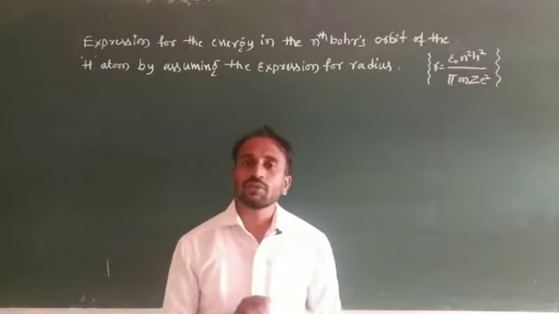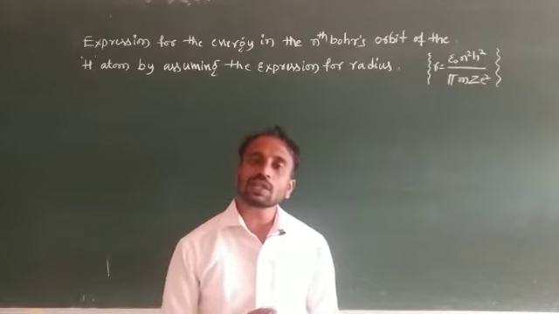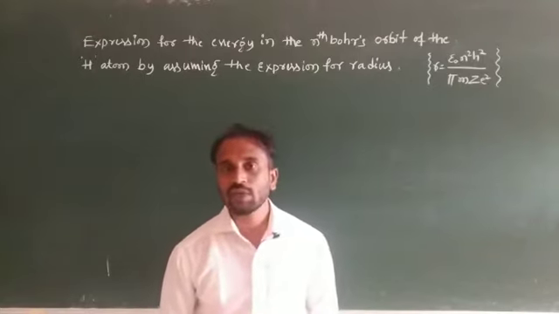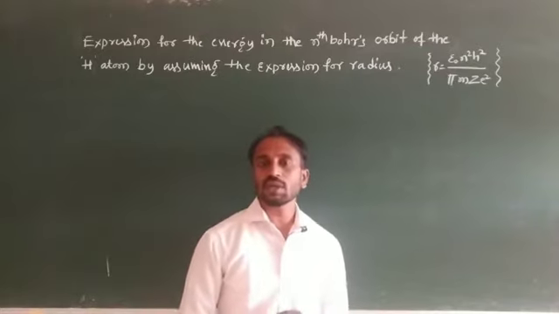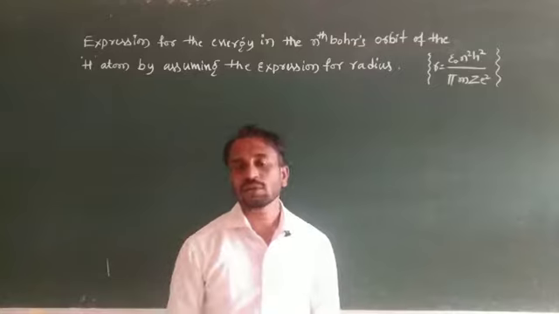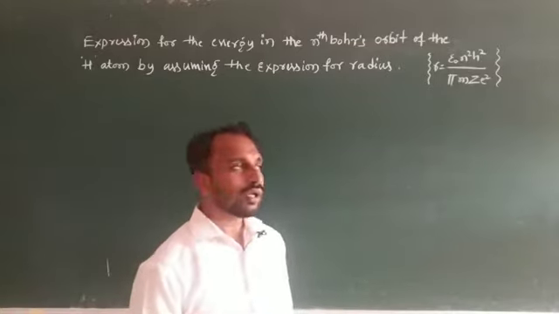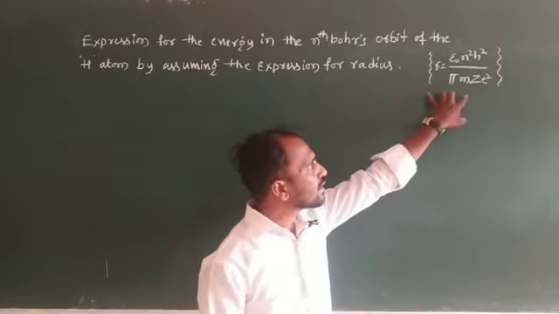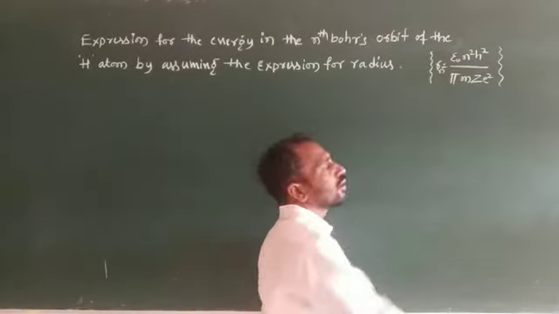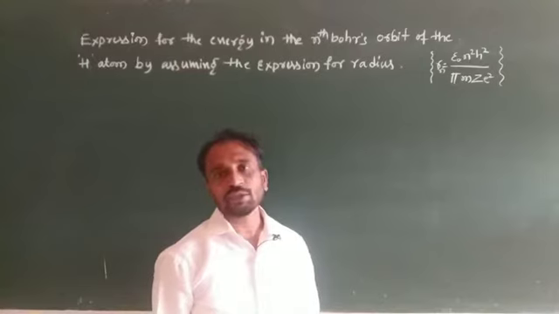Today we will find out the energy of the nth orbit. Here also, first we calculate the energy of the electron. Then we already calculated the radius of the nth orbit, which we consider as Rn.